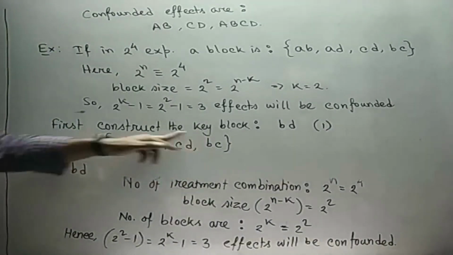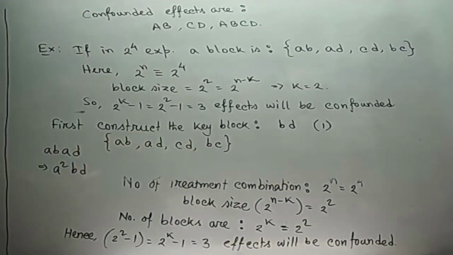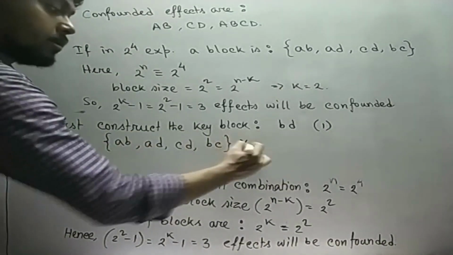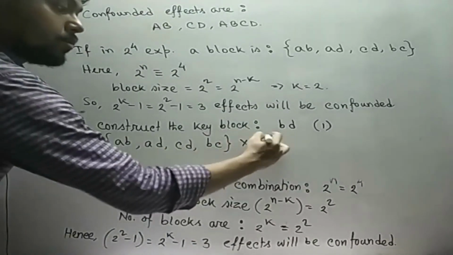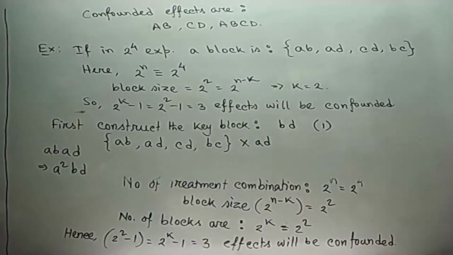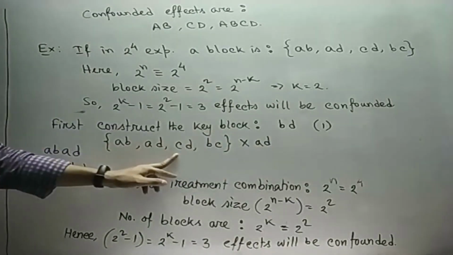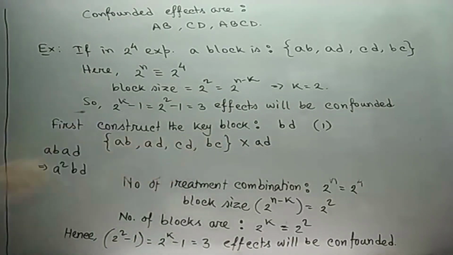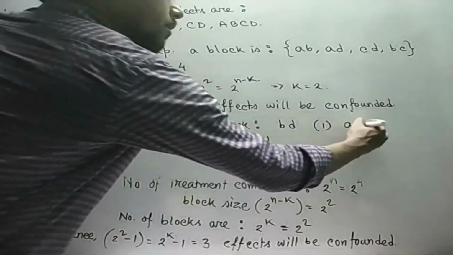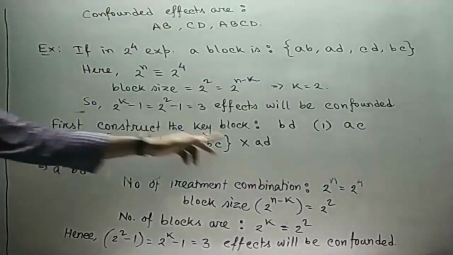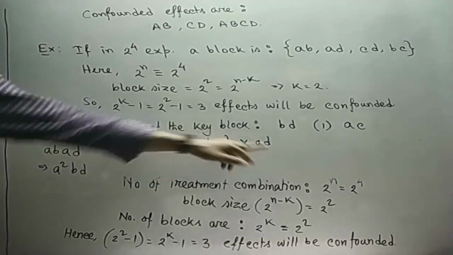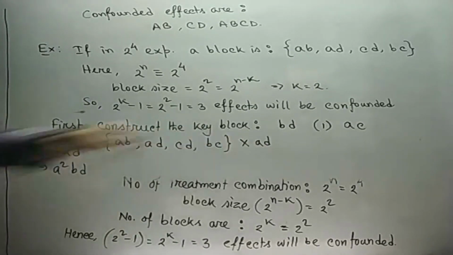If we multiply CD by AD, so we are multiplying this whole block with AD, we get A into C, as D square vanishes. Now if we multiply BC with AD, we get ABCD.